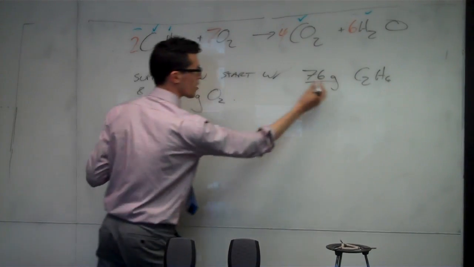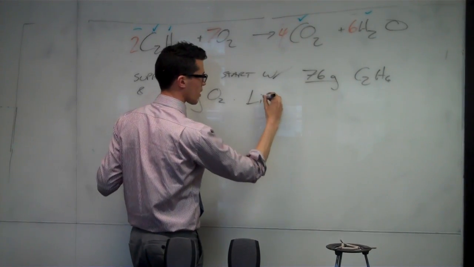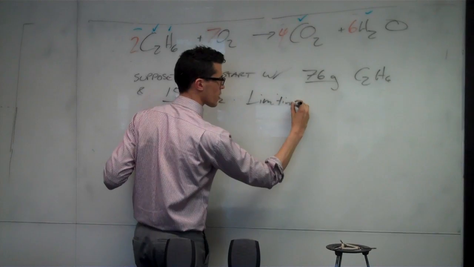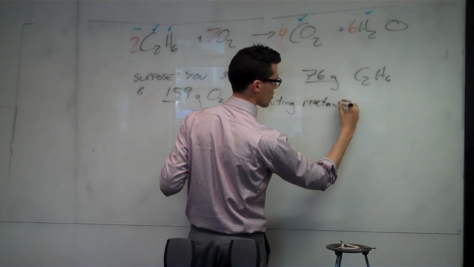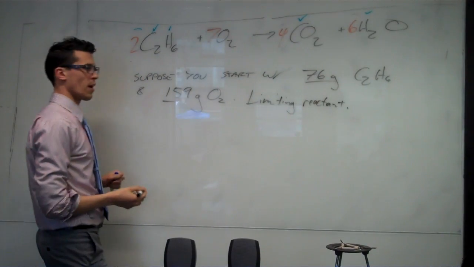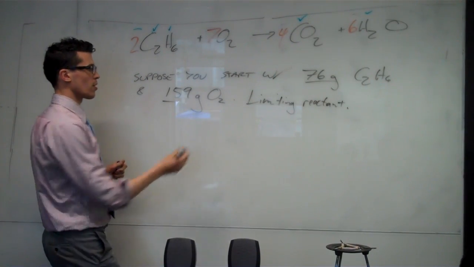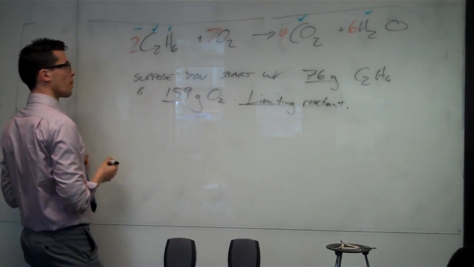So we got those two quantities. Figure out what the limiting reactant is. Which one of these reactants limits the reaction from going forward? Find the limiting reactant. That's your question.